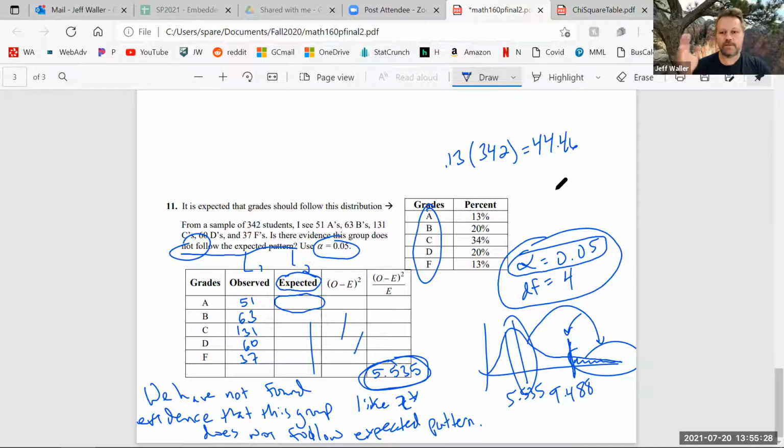So that's the way science works, real quick. We have not yet found evidence that gravity does not work the way we think it does. Have we proven that gravity works the way we think it does? No. We just have not yet found evidence that it doesn't.